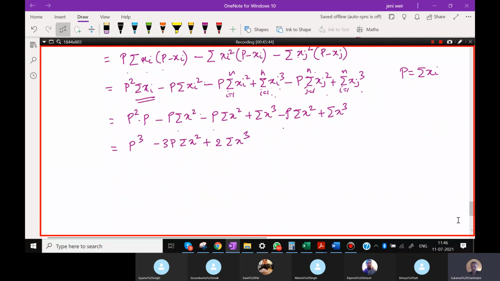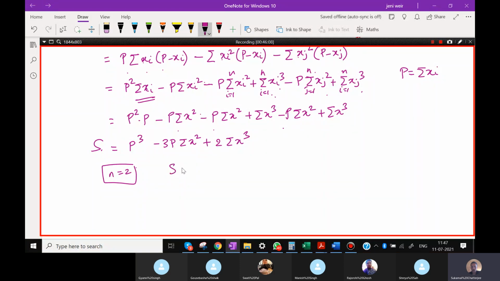Now we consider two cases. One is an odd value of n and an even value of n to check what should be the result of this. So first, let n be equal to 2 just to check the behavior of even values.